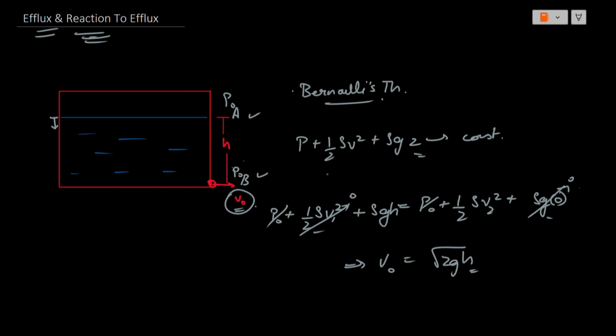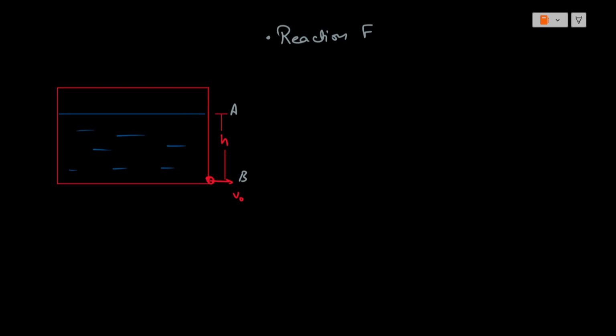where h is the depth from the water level to the orifice. Now talking about the reaction force due to the exiting liquid, we have F as dp by dt, that is d times mv over dt. In this scenario the velocity is some constant given value for any certain depth h, right?